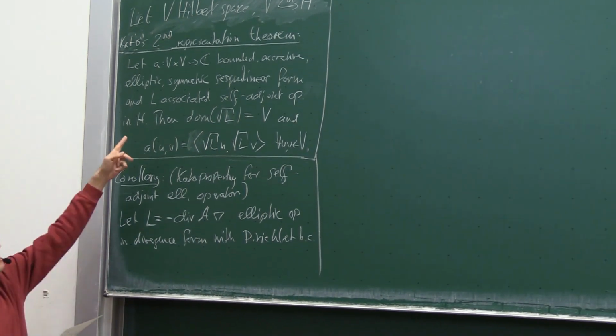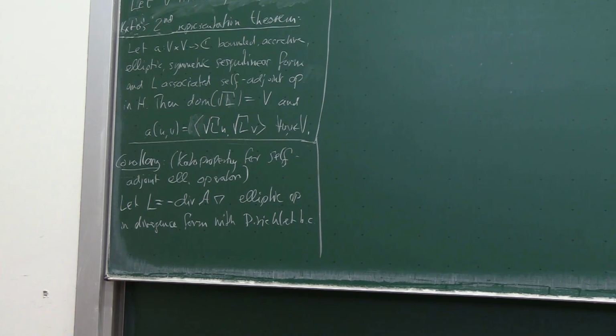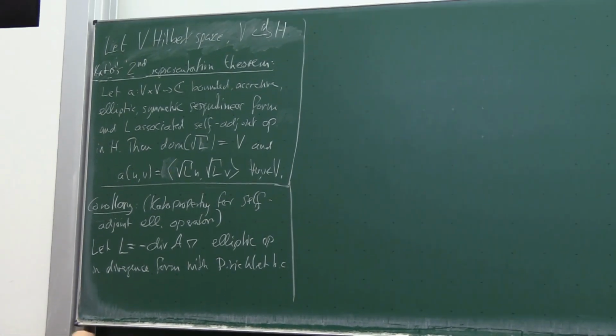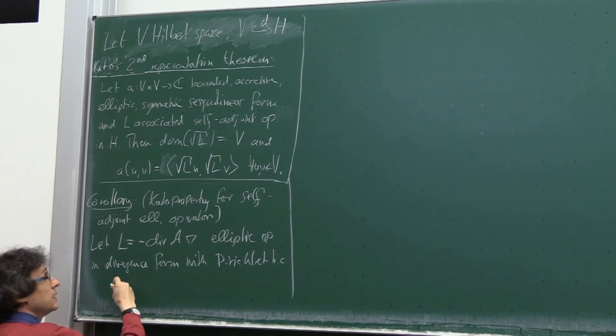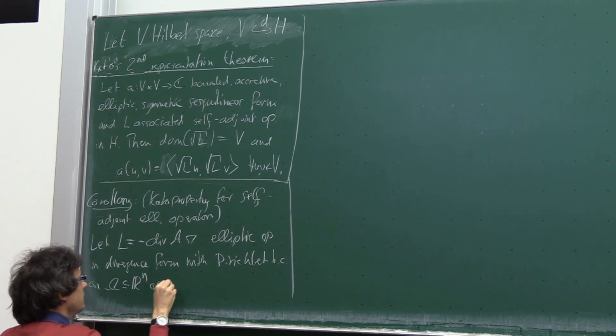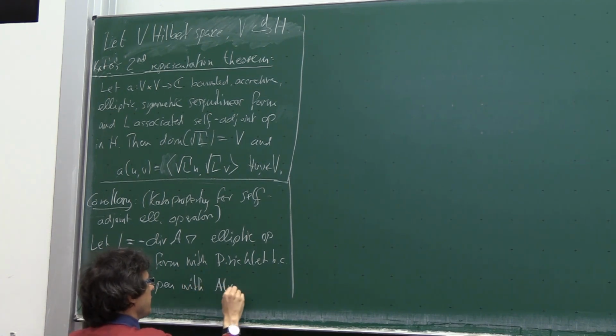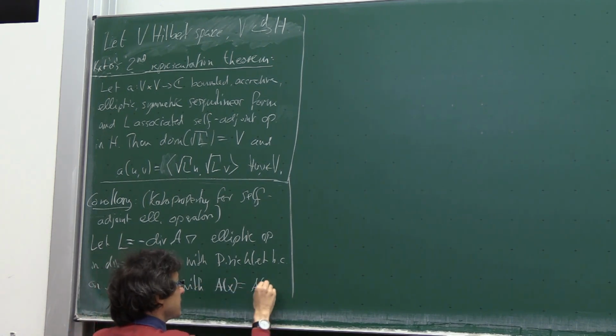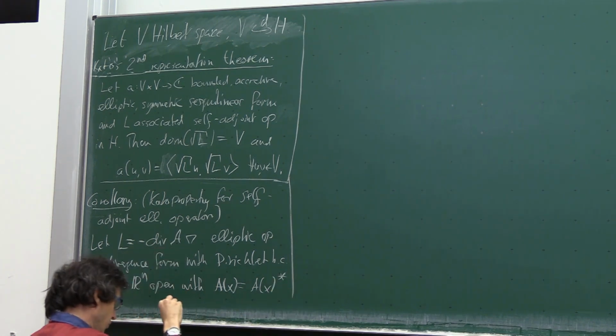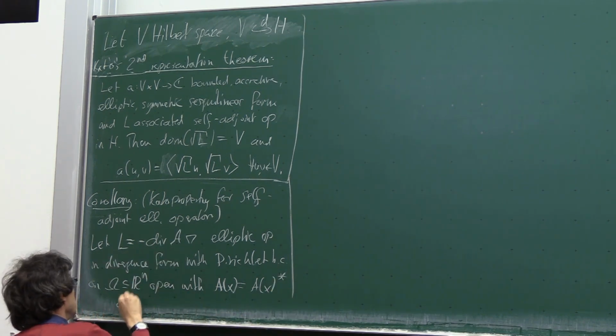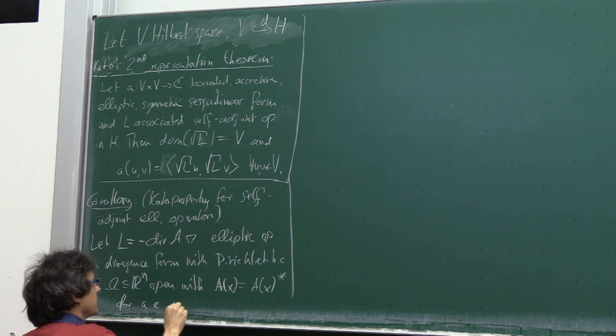And to get into this context of the second Kato representation theorem, we need the coefficients to be Hermitian, because if they are Hermitian, then this form is symmetric, and then the operator gets self-adjoint. And we look at this on some open subset omega of Rn, and we need that A of x and A of x star are the same for almost every x in omega.